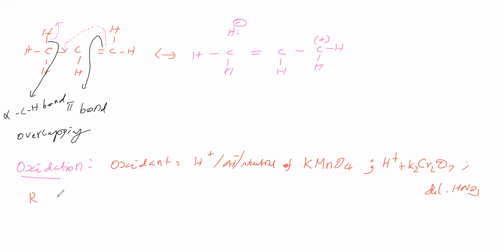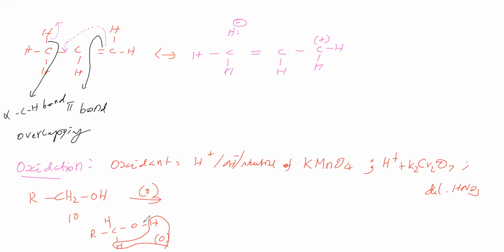Now we'll take primary alcohol. This is undergoing oxidation. How will the oxidation happen? RCH2OH will be there. The nascent oxygen comes and takes one hydrogen and one oxygen, then becomes water.